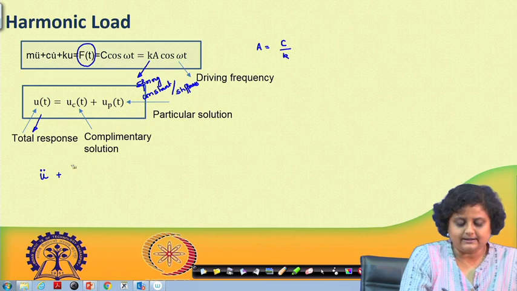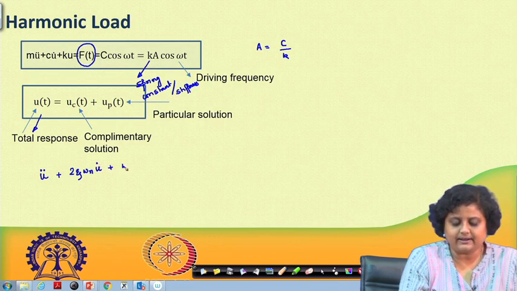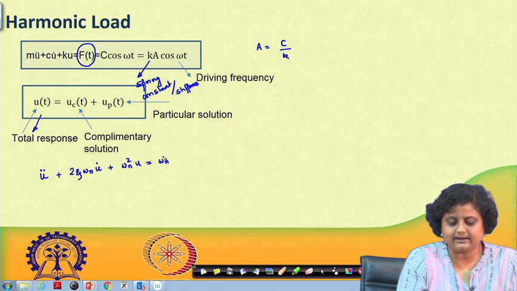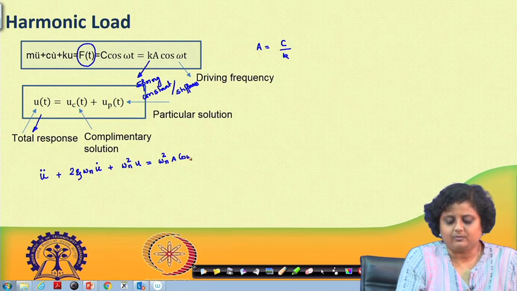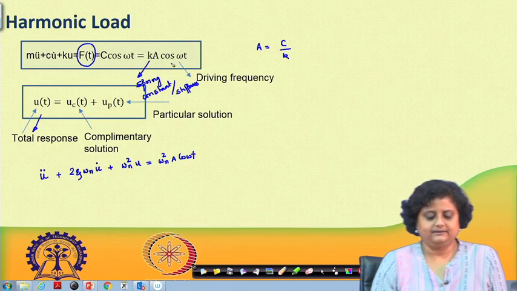I write it as u double dot plus c by m, which is 2 zeta omega n, where omega n is the natural frequency, into u dot t plus omega n square into u, equal to k by m, which is again omega n square into a cos omega t.